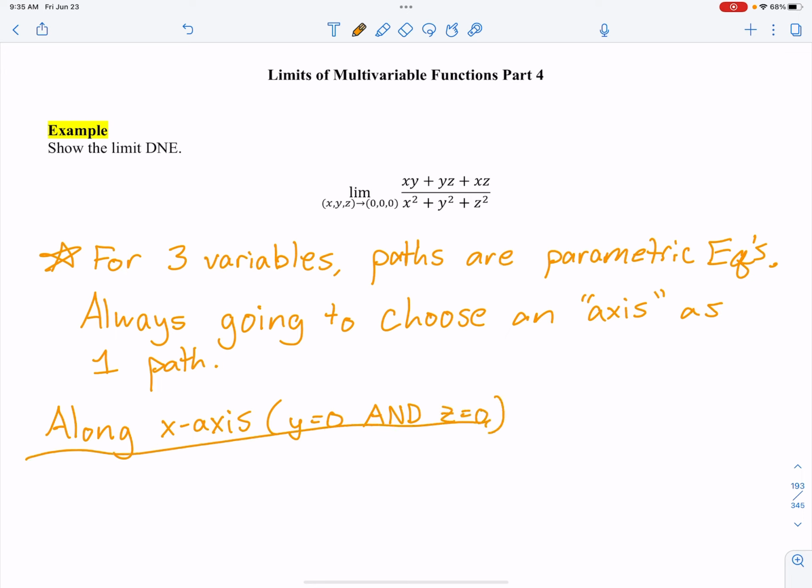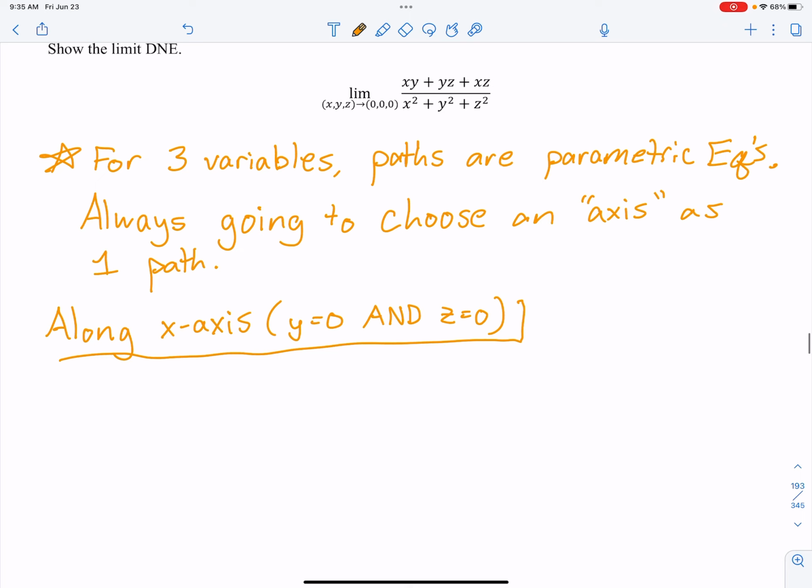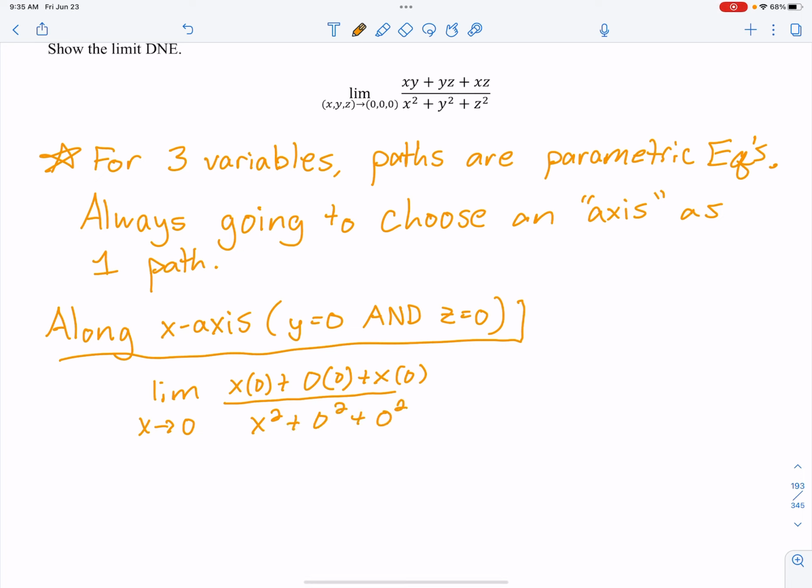All right, so that's going to be our first path. Okay, so let's plug all this into the limit. The only thing that's going to be left is x equals 0. And then we're going to plug 0 into everything except for the x. So I'm going to get x times 0 plus 0 times 0 plus x times 0 all over x squared plus 0 squared plus z squared, which is 0.